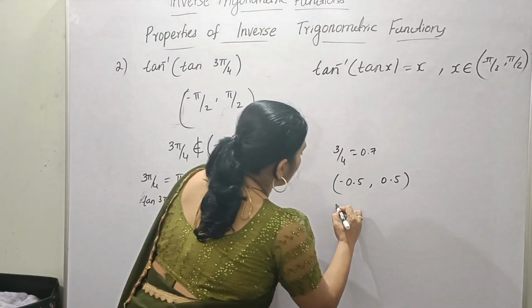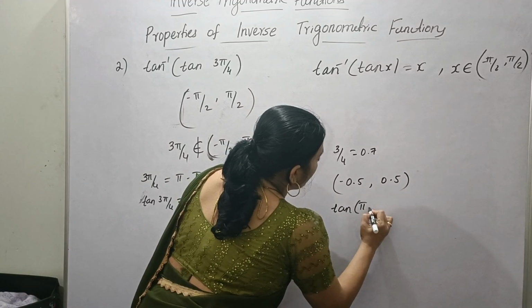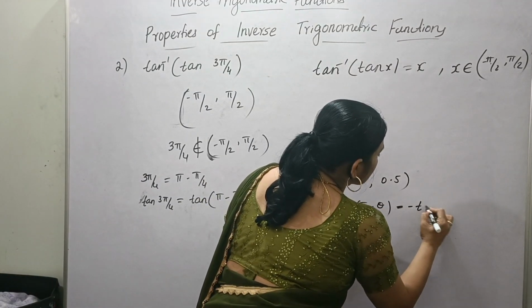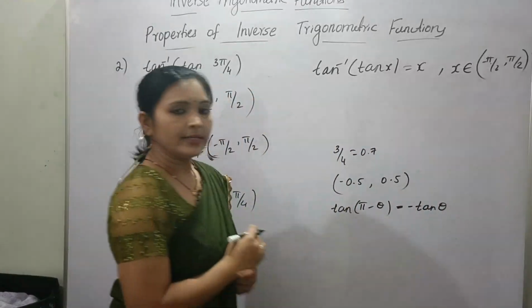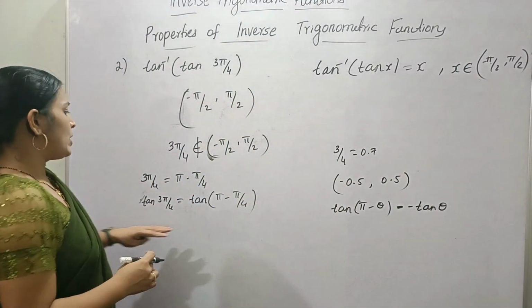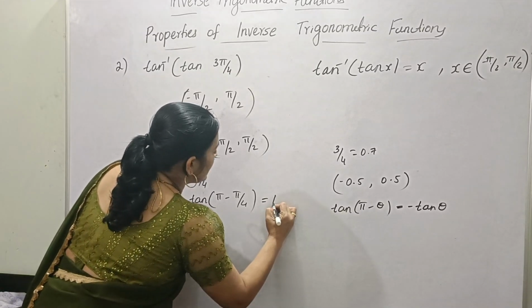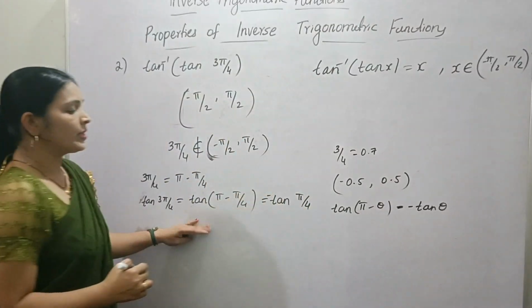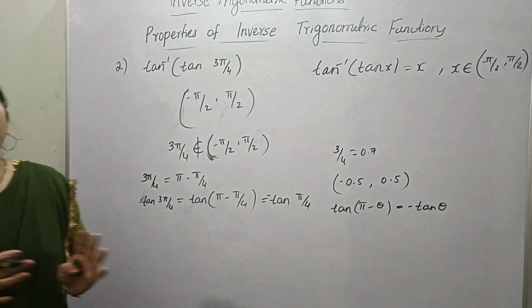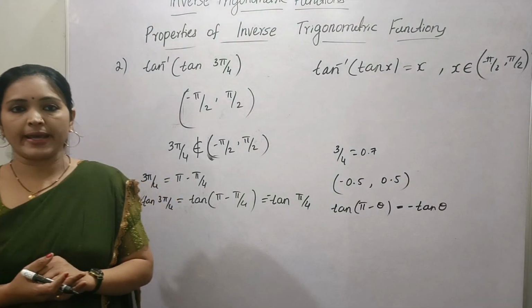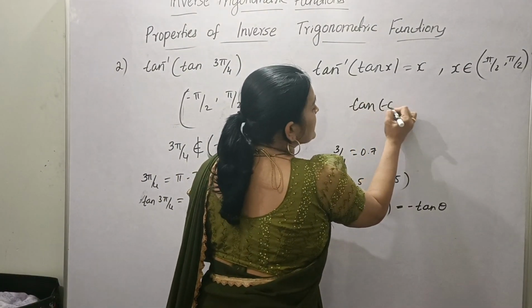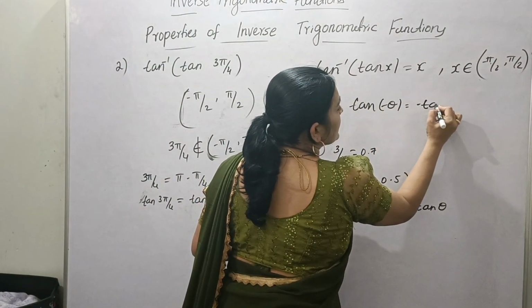So tan of pi minus theta is equal to minus tan theta, right? So here that is minus tan pi by 4. Or we can write, we know that tan of minus theta is equal to minus tan theta.